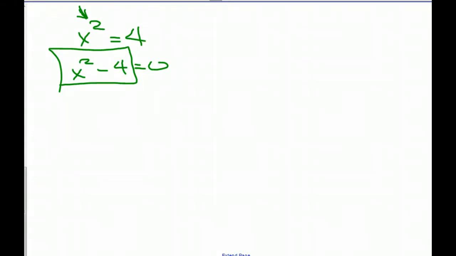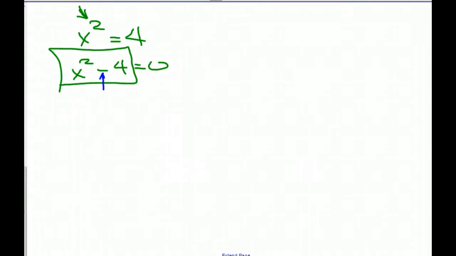We just talked about what that is called. When you have two things subtracted, you're taking the difference. The difference of 2 squares.